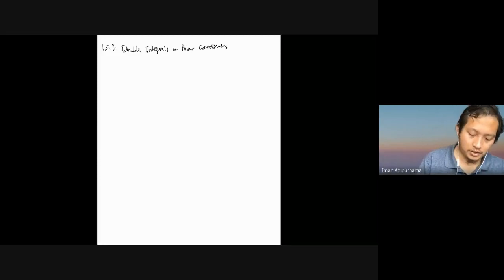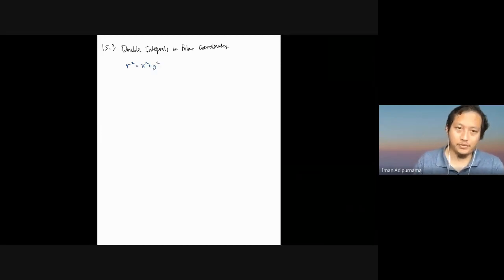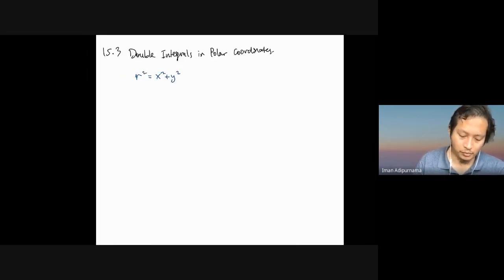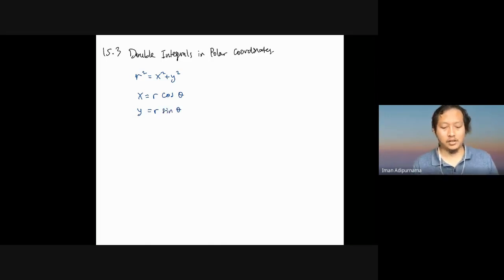Okay, remember you have the circle that is the basic foundation of the polar, and all the points x and y that you can convert into r cosine theta and r sine theta in polar.